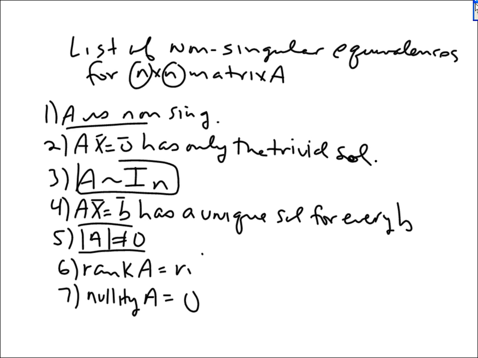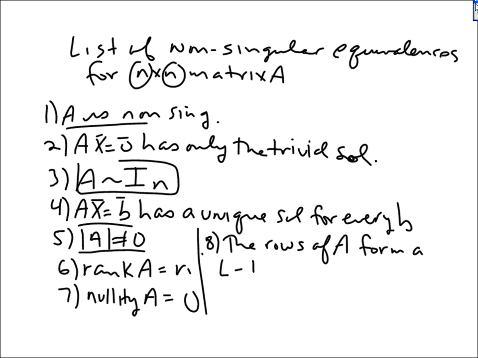And here's a couple that we didn't really speak about. It says the rows of A, remember, is n by n, form a linearly independent set of n vectors in Rn.